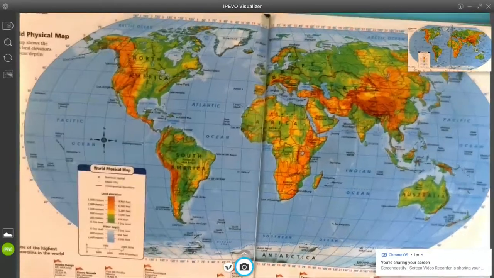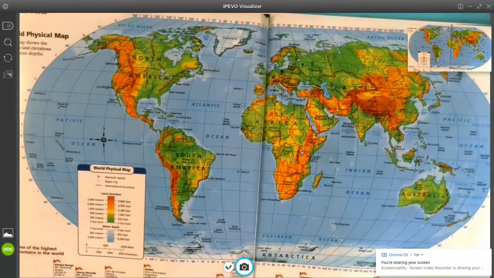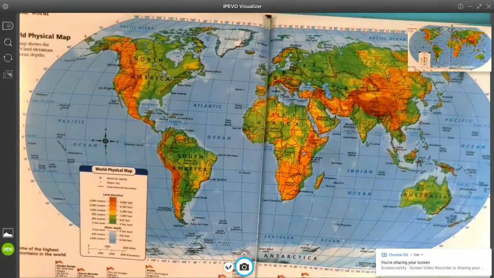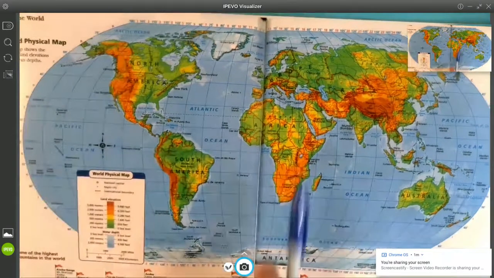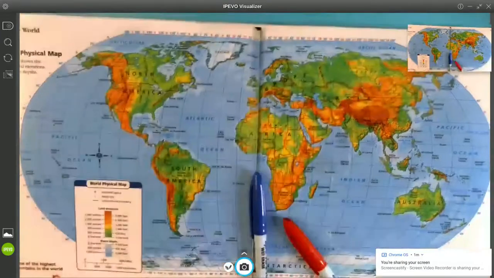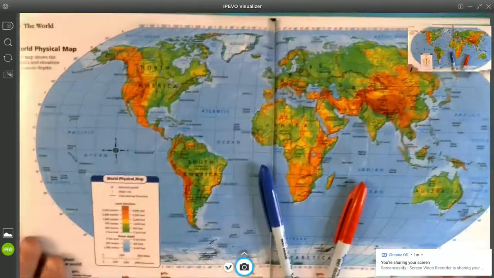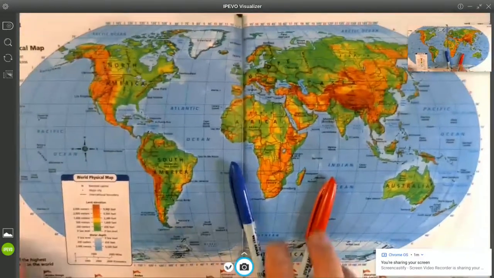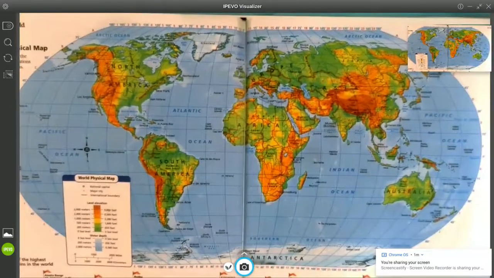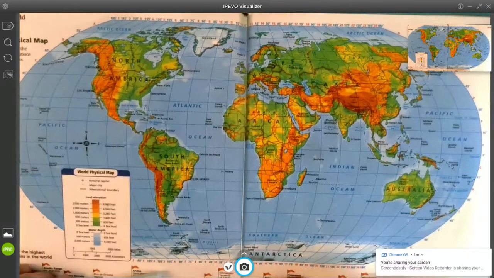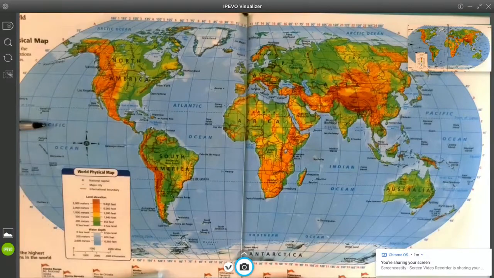And so with ocean currents, what we have is the world. Now, I'm going to find my blue marker and red marker. It doesn't show up very well on this map, but we'll try and work with it, okay? Because I'm doing warm ocean currents and cold ocean currents. Now, the Earth spins that direction.